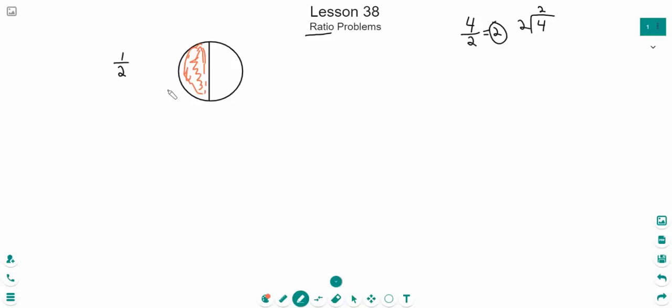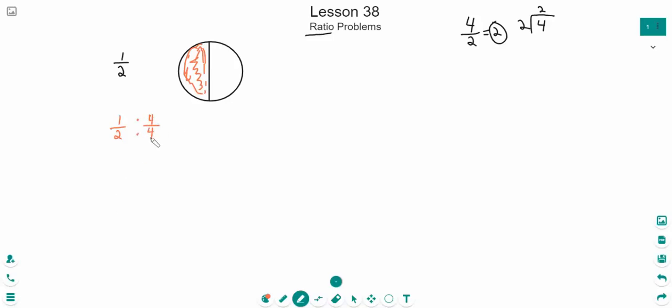Now, the thing I want to remind you of is that fractions can be written in an infinite number of ways. So if I take this fraction 1/2, we've learned in the past that I can multiply that fraction by any number I want, so long as I multiply the numerator as well as the denominator by that number. So let's say I multiply it by a 4, just for example. We multiply it by a 4 over a 4.